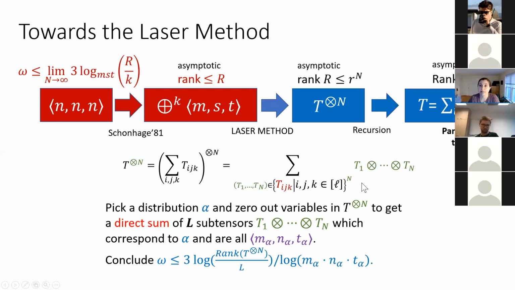Yeah, somebody has a question. My question is, is there a specific reason why you're picking them to be exactly of the same type of subtensors? I mean, there are two explanations. Either it doesn't make sense because always picking the same size wins, or it's just unmanageable to analyze. So which one of those is it? It's the first one.